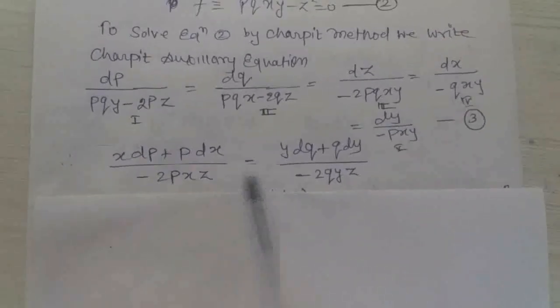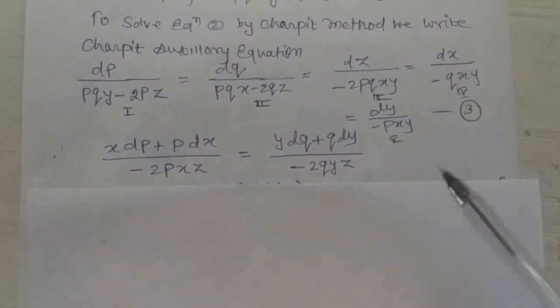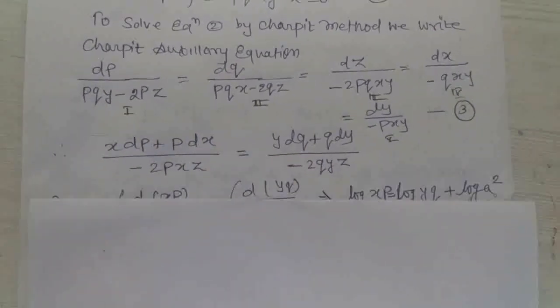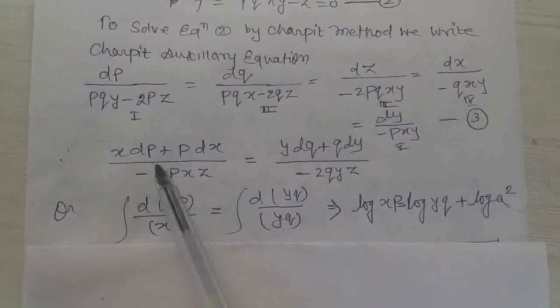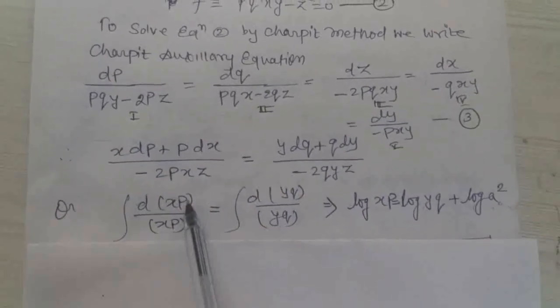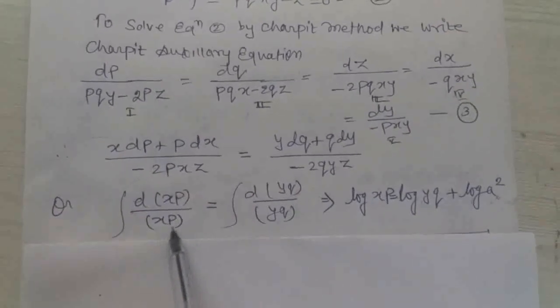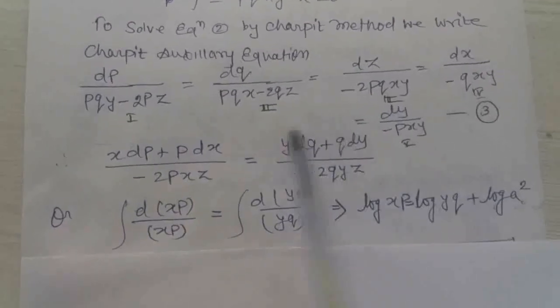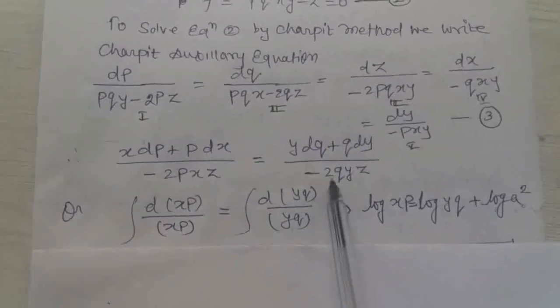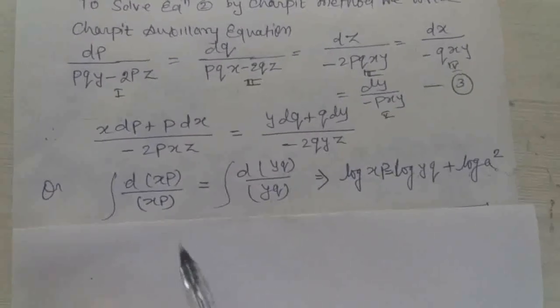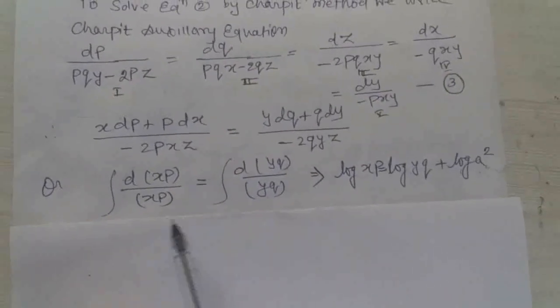So we get px on the left and qy on the right. So the numerator is the derivative of xp upon xp, equal to the derivative of yq upon yq. Now the variables are separated.